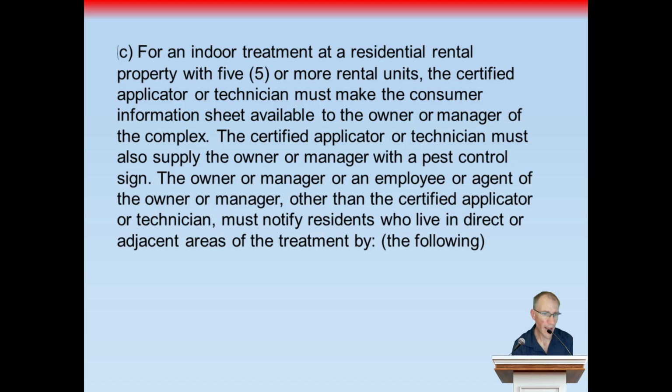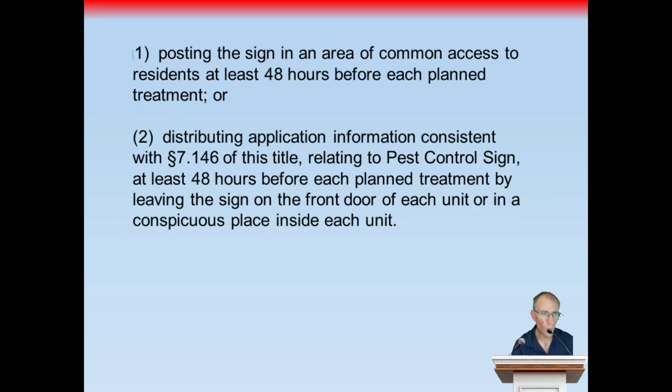The certified applicator or technician must also supply the owner or manager with a pest control sign. The owner or manager or an employee or agent of the owner or manager, other than the certified applicator or technician, must notify residents who live in direct or adjacent areas of the treatment by the following. 1.